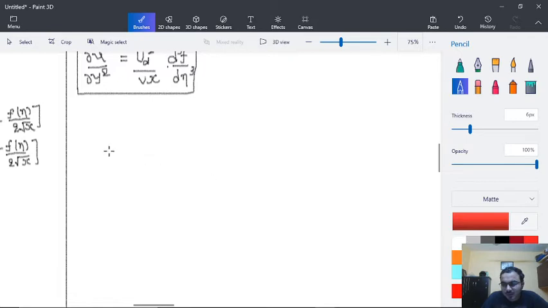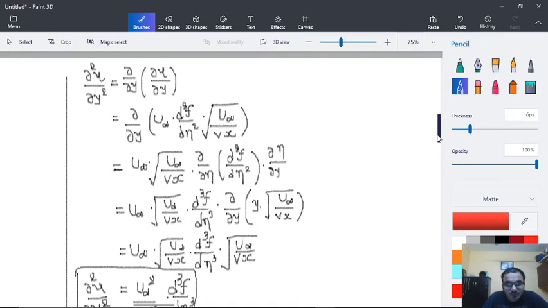So let me write down this x momentum equation first, that is u into del u over del x plus v into del u over del y, which is equal to nu into del 2u over del y square.